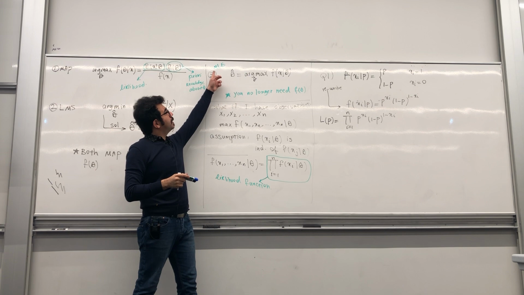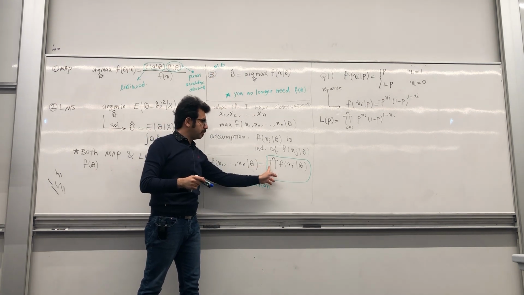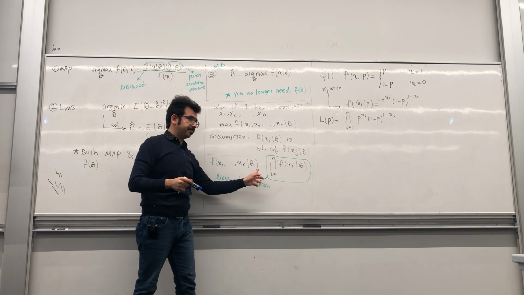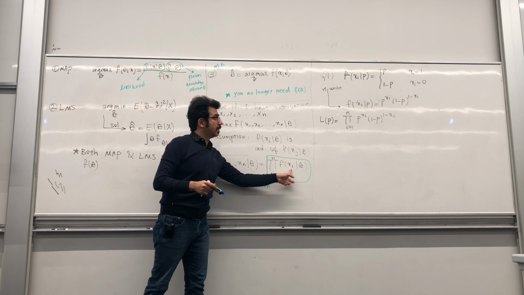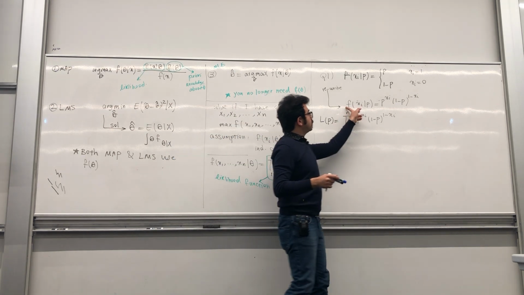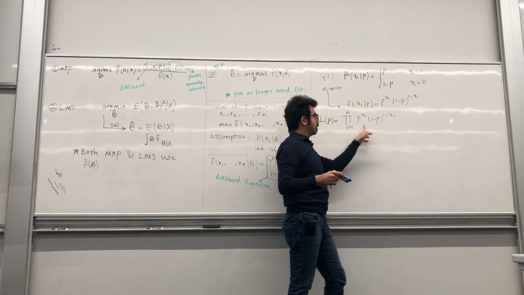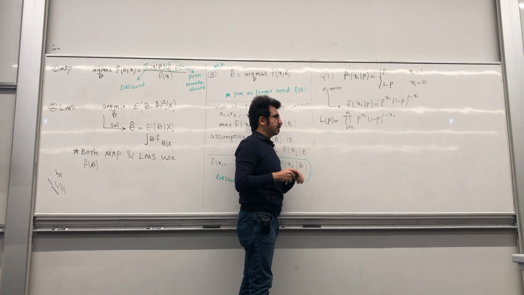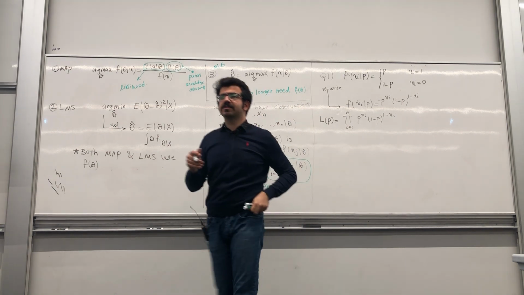In maximum likelihood estimation, I always try to maximize this term, the multiplication of likelihoods. Now I found the likelihood for one of the xi. I need to multiply them all together to find the likelihood function. Now I need to maximize this function. Make sense? So far so good?